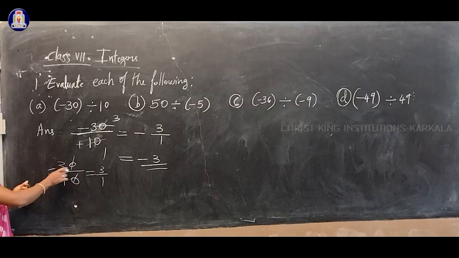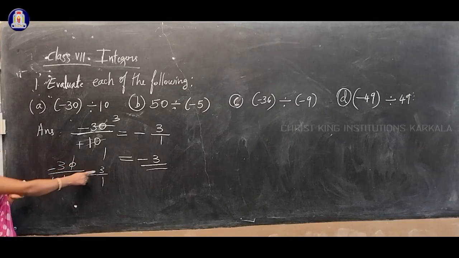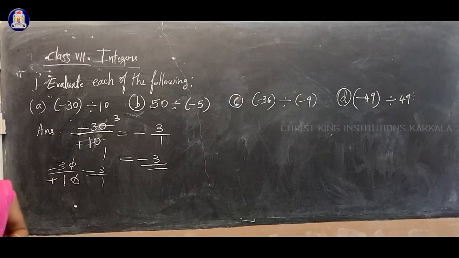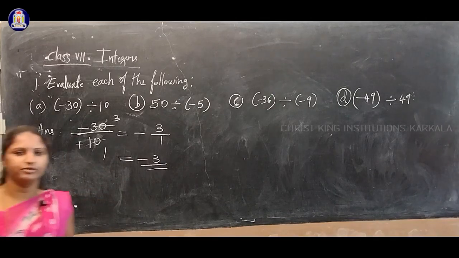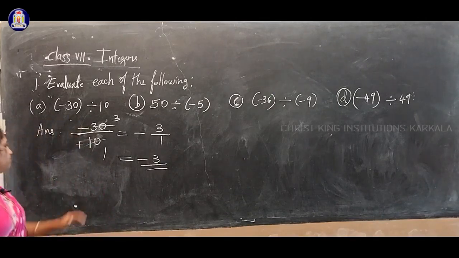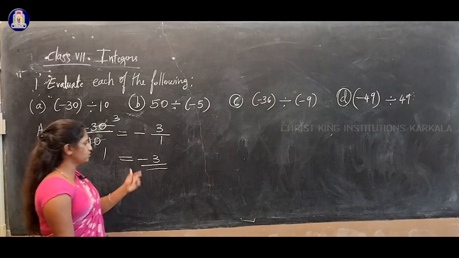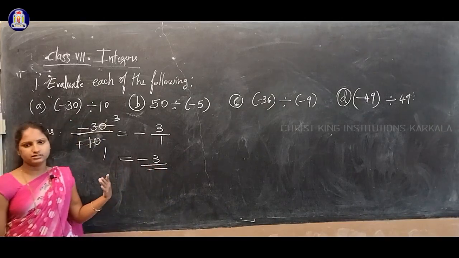That means in both numerator and denominator, if the last digit is 0, then you can cancel it, and the remaining number is 3 by 1. So this is another method to divide both numerator and denominator. The 10 table divides both, so the answer we got is minus 3.